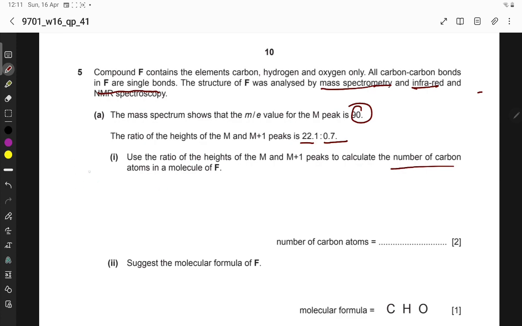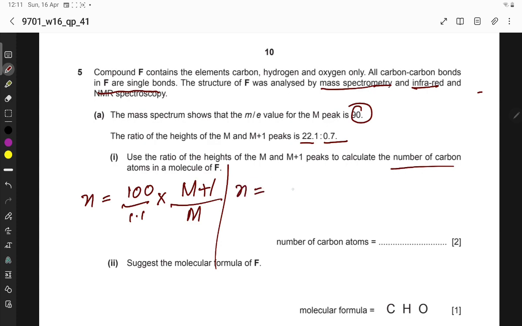We use the same formula, N is equal to 100 over 1.1 into M plus 1 over M. Now we have N is equal to 100 divided by 1.1 into the M plus 1 peak 0.7 divided by the M peak 22.1.